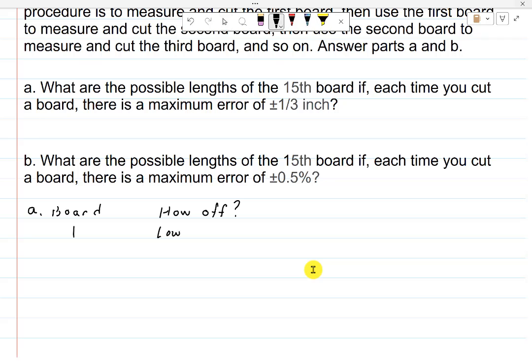So the low end, now 4 feet is 48 inches. So I'm going to take 48 inches minus 1/3 of an inch. And that will give me 47 2/3 inches. And then for my high, I'd say 48 inches plus 1/3 of an inch. That equals 48 1/3 inches.